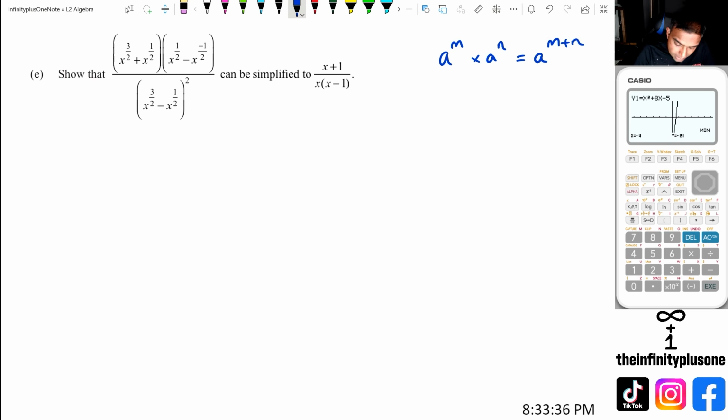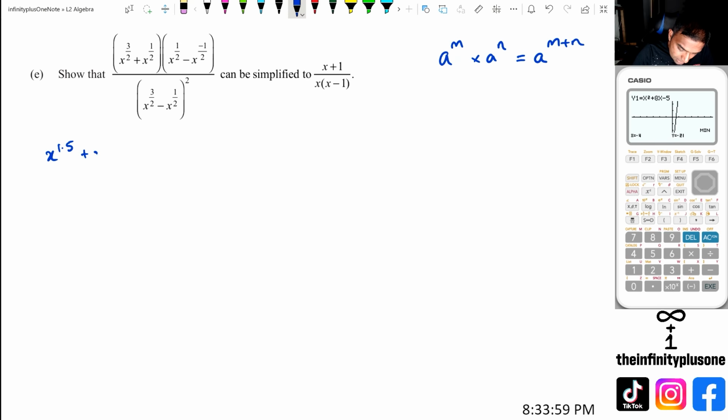So what I'm going to do is the numerator first. No, actually, let's expand it out first. I'm going to write this as decimal points just because it makes it easier for me.